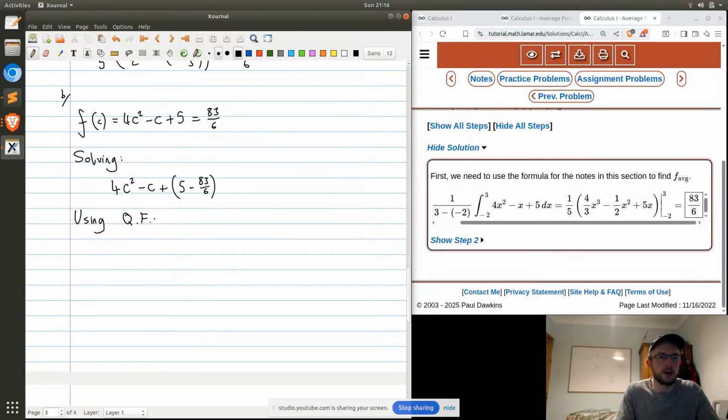Using the quadratic formula. Minus 1, 1, plus square root of 1 minus 4 times 4 times.